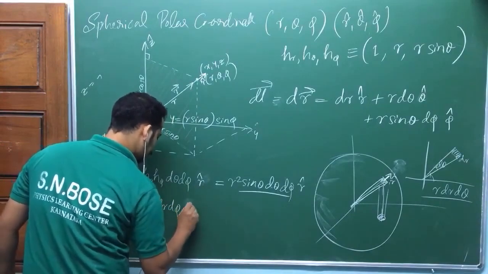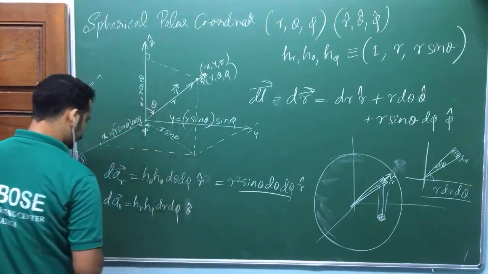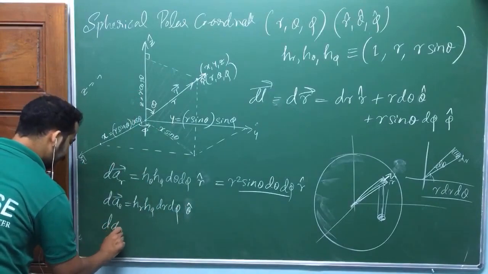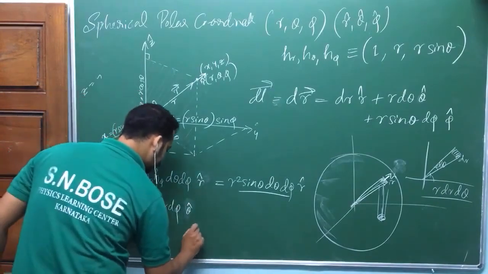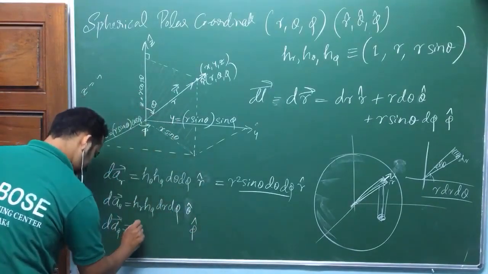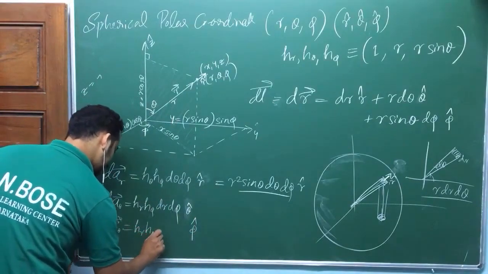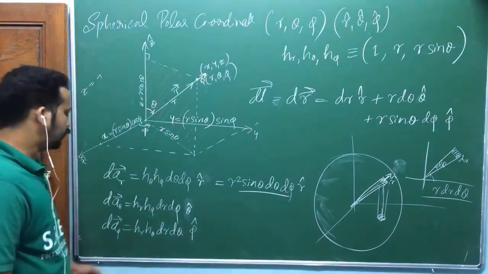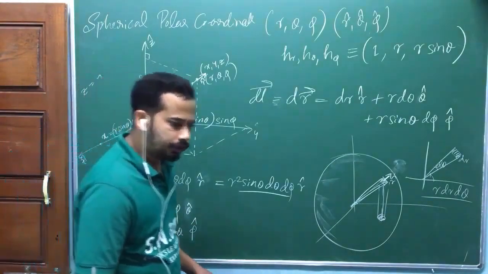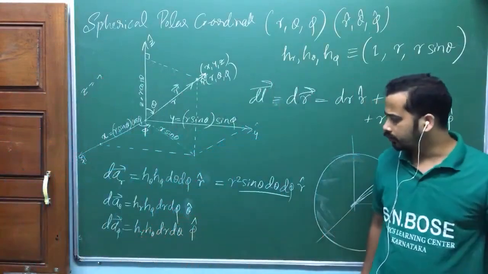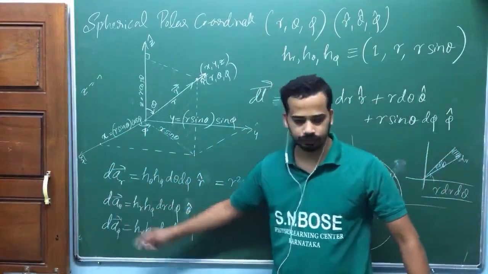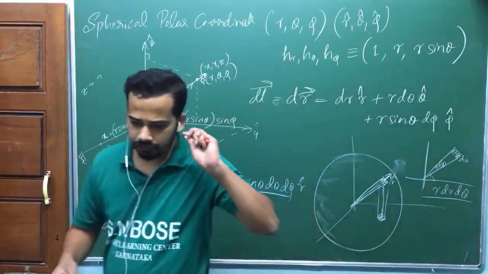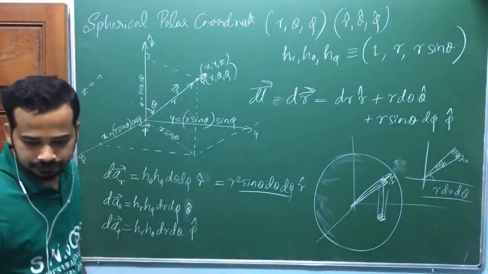Similarly, dA phi is along the phi cap direction: h r, h theta, dr d theta. That's it. These are not much used, but you will have to do some related problems where these are also used, okay? You will get a full idea about that.